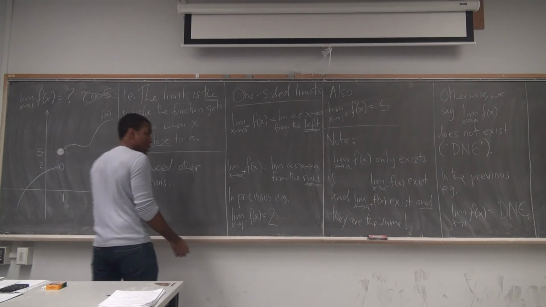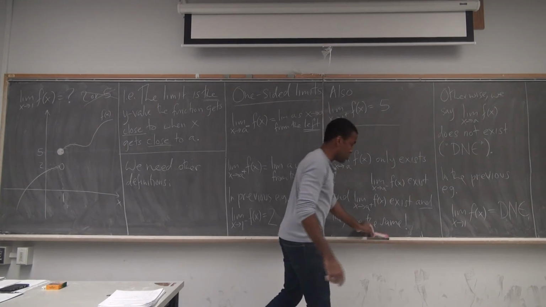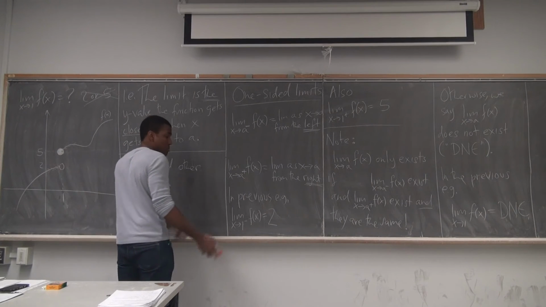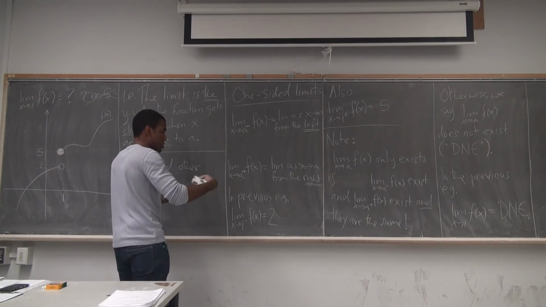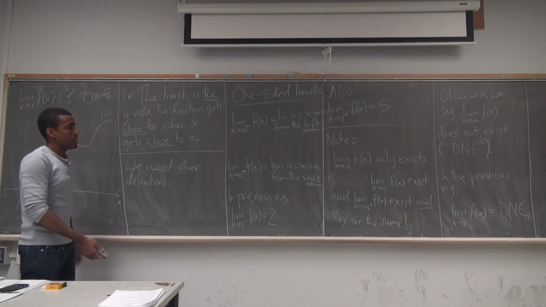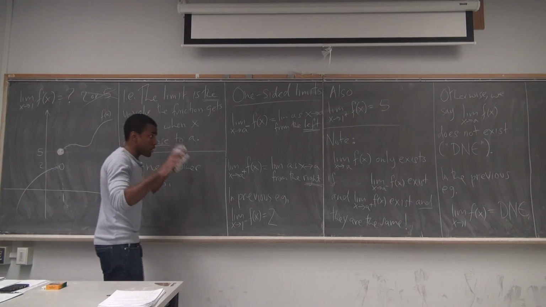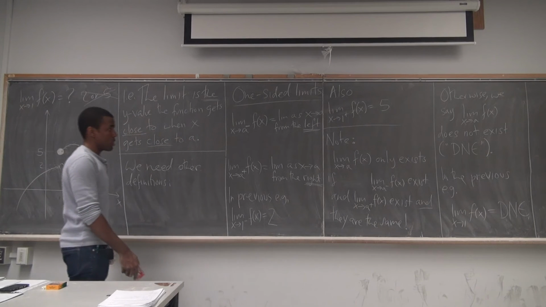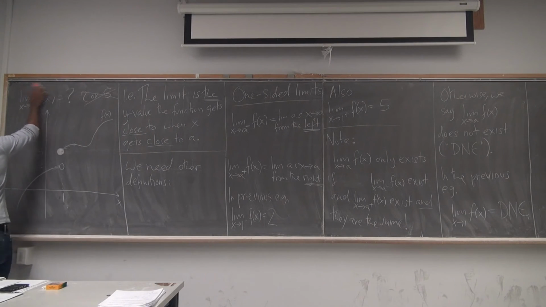That's the thing that breaks a limit: if the left and right sides do not agree. Whether I'm defined or not at the actual point, I don't care. It's just a matter of whether the left and right sides connect and get close, and that will determine whether a limit exists or not.